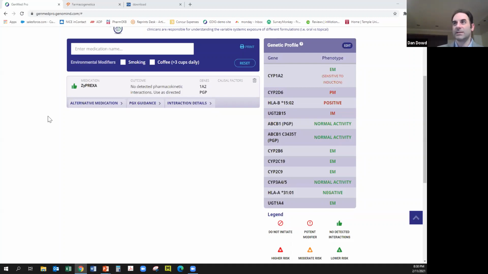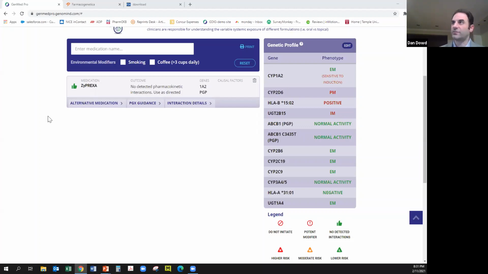I imagine many state Medicaids will follow. I know that certain private insurers have followed. United Healthcare, for example, pays for pharmacogenetic testing in those who have depression or anxiety, but their criteria is that they'll only pay for certain genes that have CPIC guidance A or B, or PharmGKB scores of 1 or 2.